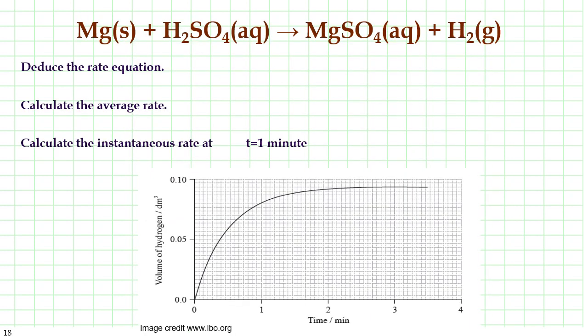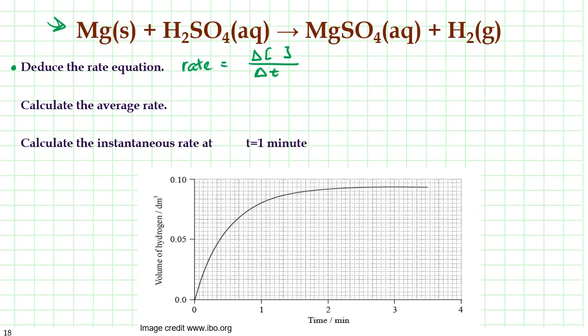Here's another nice practice problem looking at magnesium and sulfuric acid. Deduce the rate equation. The rate equation is just that ratio of the change in the concentrations of one of our reactants or products over the change in time. So that's the same thing that we've been talking about.